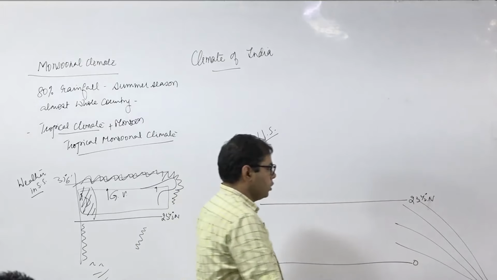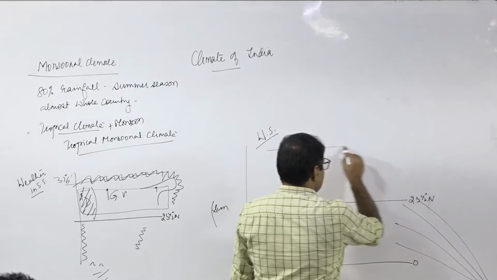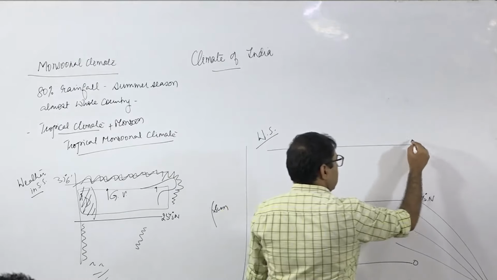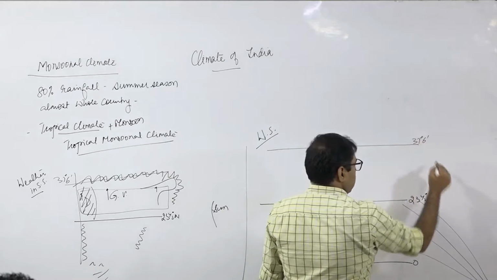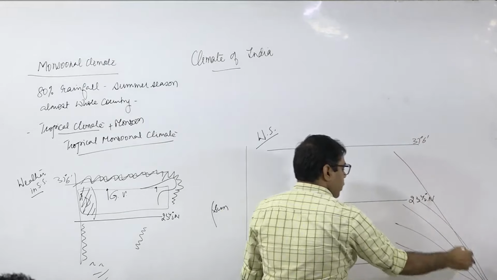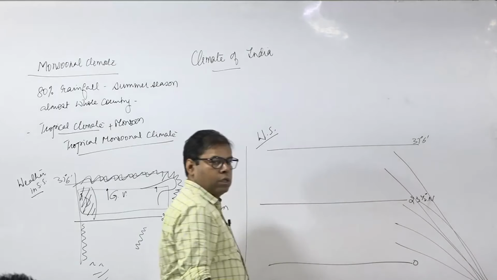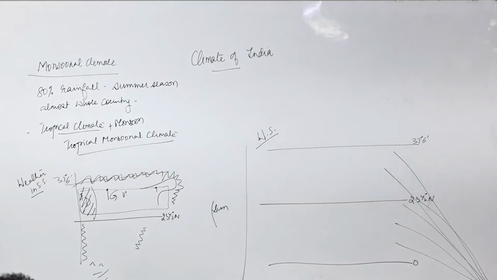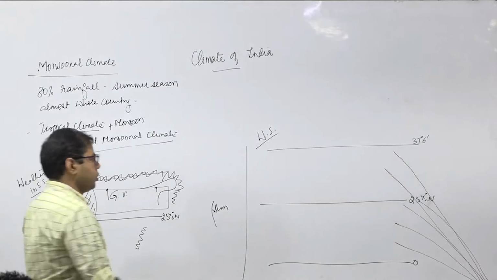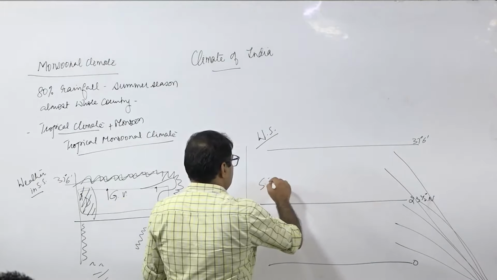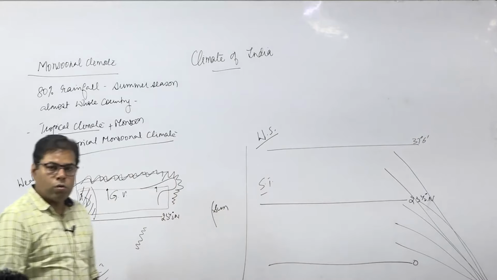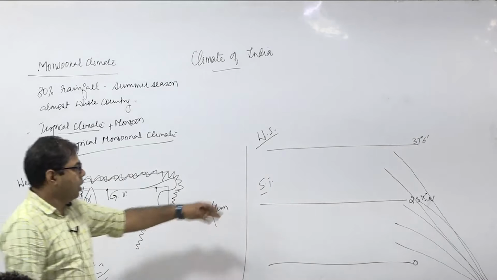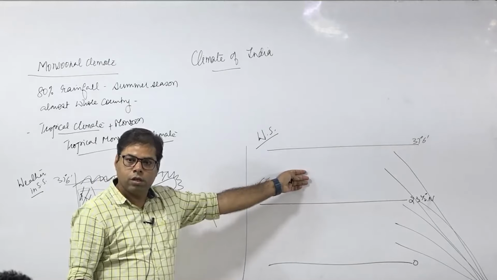But these subtropical areas of India, 37 degree 6 minute, will have more of the oblique, slanting rays. Per unit area of heating will be high or low in subtropical areas? Low, right, because of angle of incidence, right.